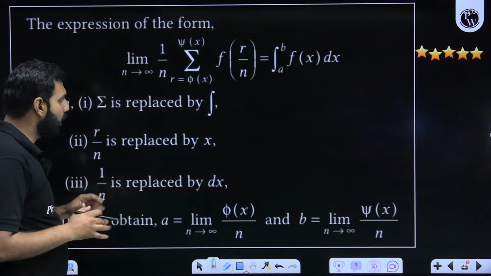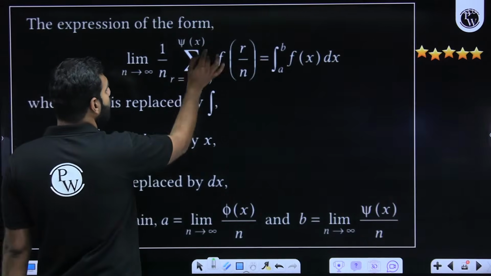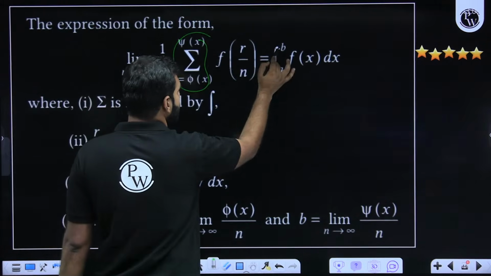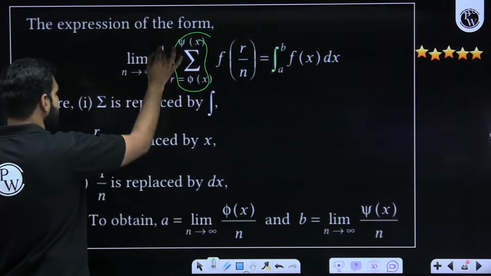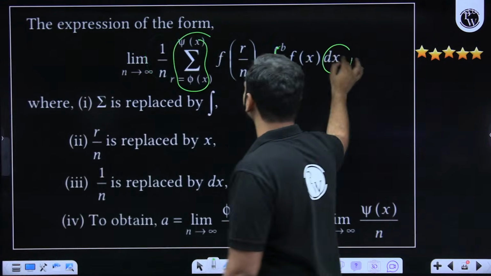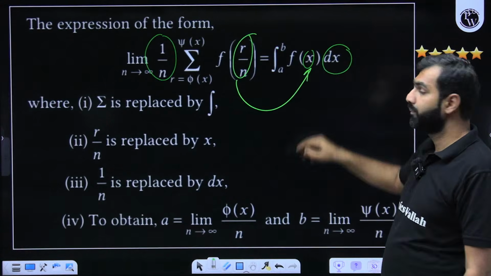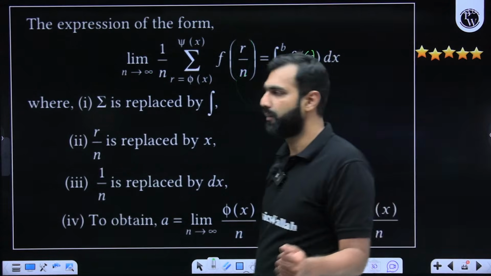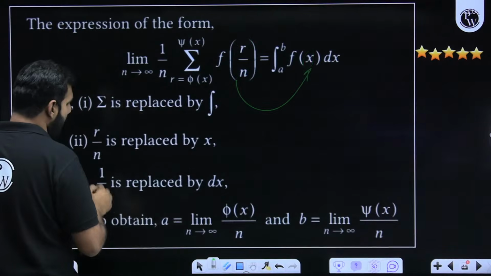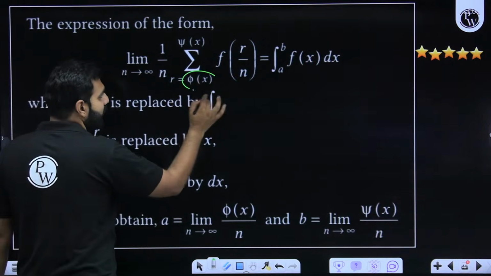With that, what you've got to remember is that first of all, you substitute this summation sign or sigma sign with integration. This 1 by n becomes d of x, r by n becomes x, which means this will become f of x. Now, how to find the lower limit and the upper limit? To find the lower limit in r by n, put phi x in place of r.